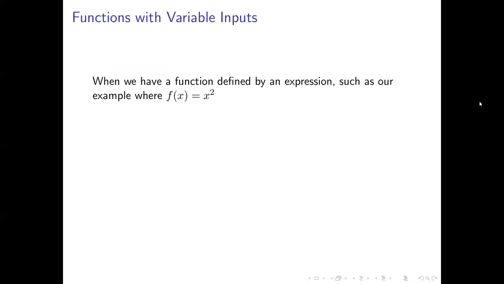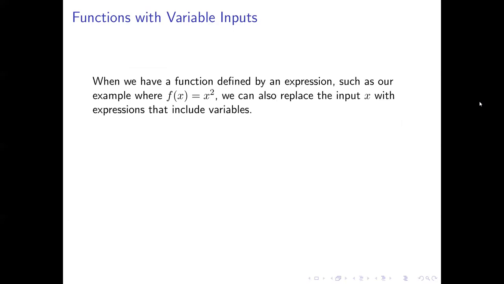It can also happen that the input expression to our function includes a variable. So let's stick with our example where f of x is equal to x squared. Instead of replacing x with a constant like 4, we can replace it with an expression that includes a variable. So to take a really simple example, let's say we want to know what f of t is, where t is some other variable that maybe measures something else other than x. Well, that would just be t squared. We're just assigning x the value t. Or we could ask, what is f of 2x?